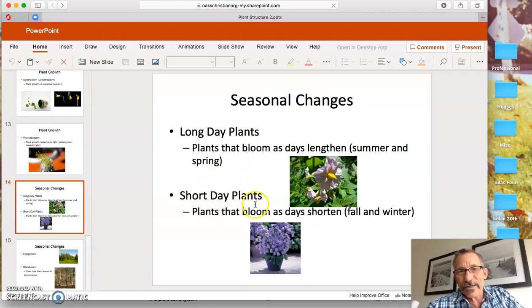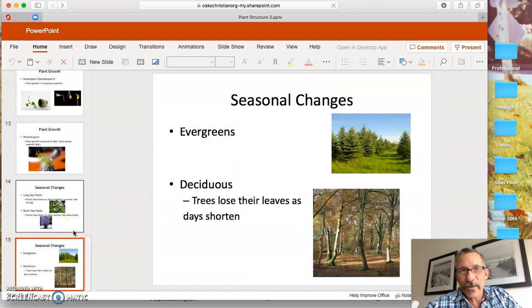Plants that bloom as the days get shorter in the fall and the winter. So if you were a gardener and you wanted flowers in your garden year round, you would have a mix of long day and short day plants. The long day plants being kind of more dormant in the fall and winter, and the short day plants more dormant in the summer and spring, and they would just kind of take turns blooming in your garden.